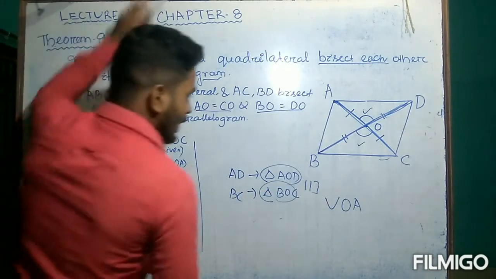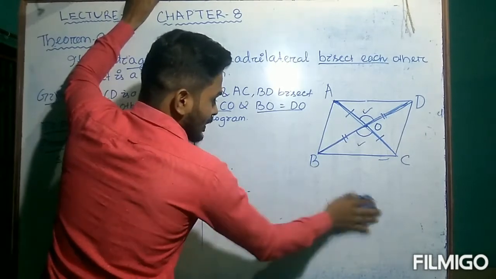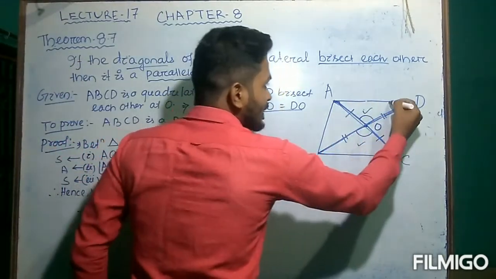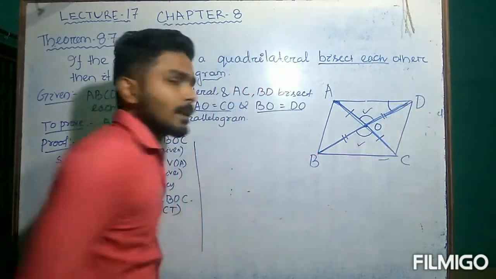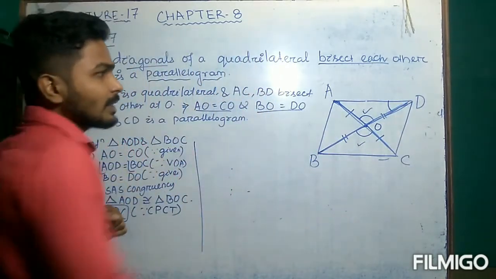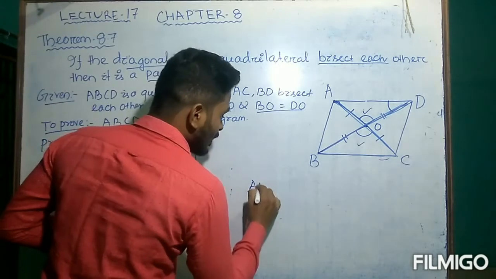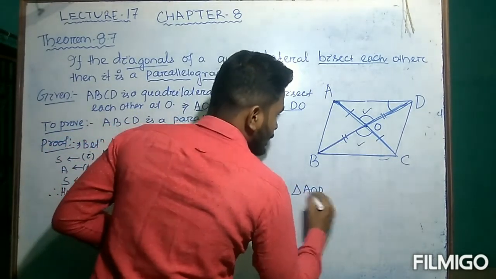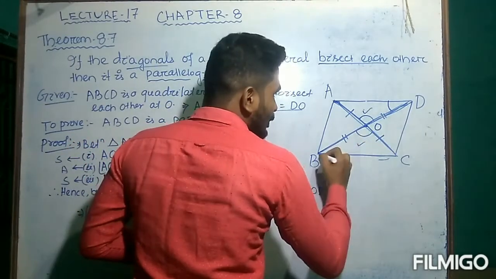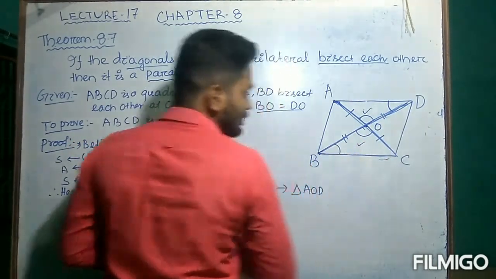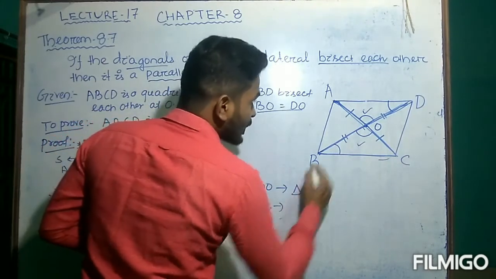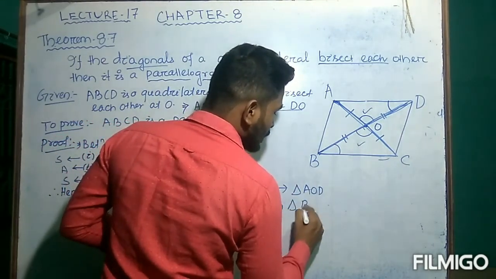Clear? Next. Similarly, if we consider triangle AOD, then this is an angle. Yes or no? Yes. So angle ADO is a part of triangle AOD. Similarly, for triangle BOC, this is angle OBC, so angle OBC is a part of triangle BOC.